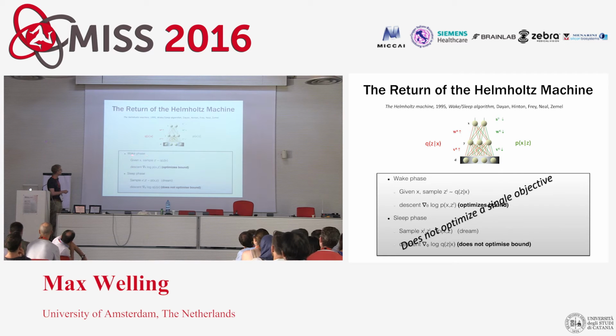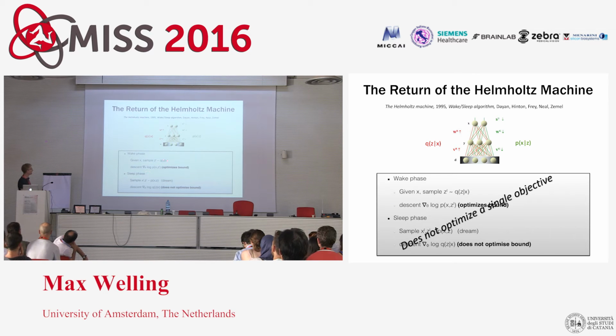And so in the wake phase, basically what you do is you condition on your data x, right? It's like you're awake, so you're looking at the world, and so there's data coming in. So you're conditioned on the data x, and you're sampling samples for your latent variables z from your distribution Q that you currently have. Okay, and then you do an update.